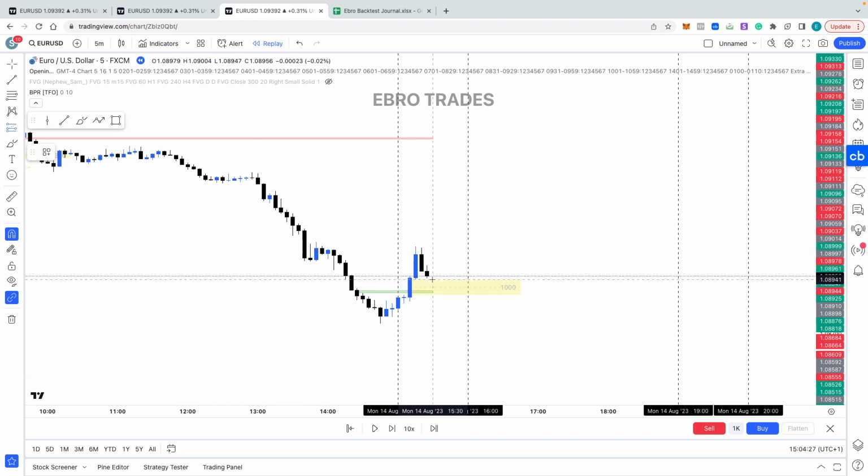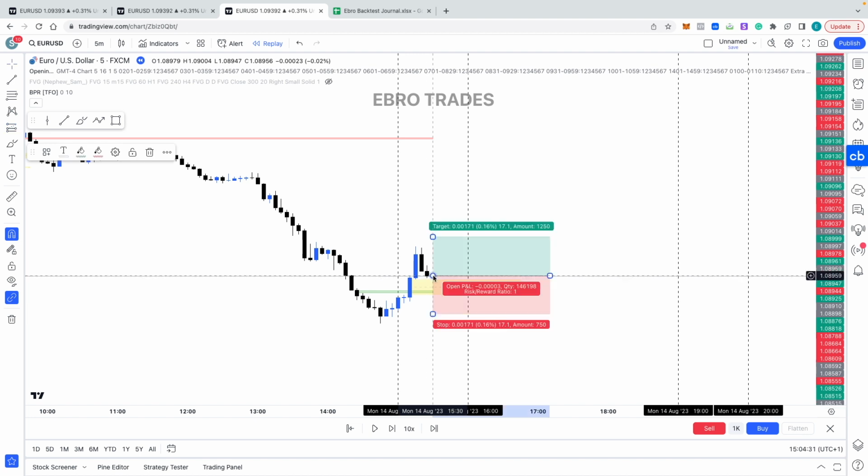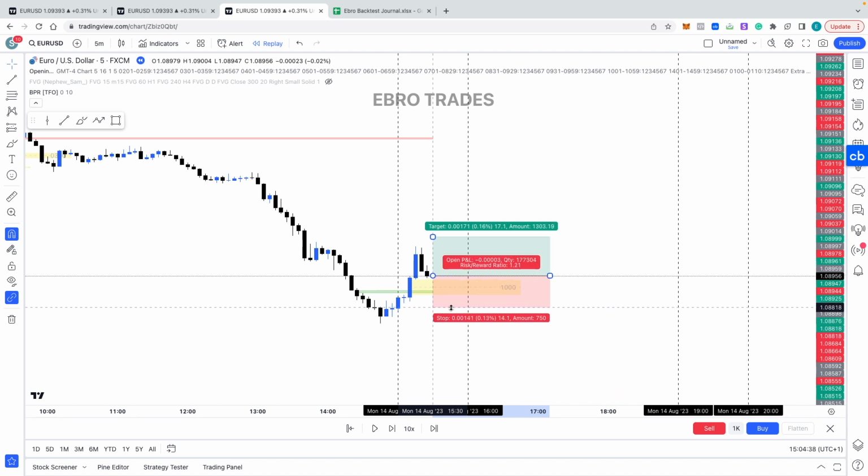You could go for a sniper entry off the fair value gap exactly, but in my case, I think the confluence is quite strong. And so 2-to-1 risk reward, we'll set our stop loss just here, around, what is this? Around 12 pips.